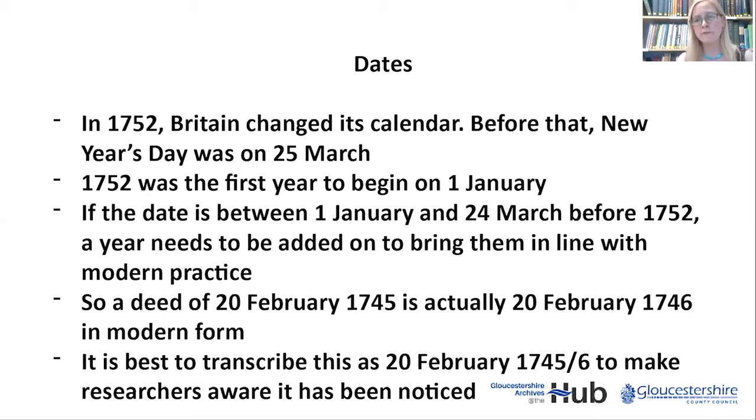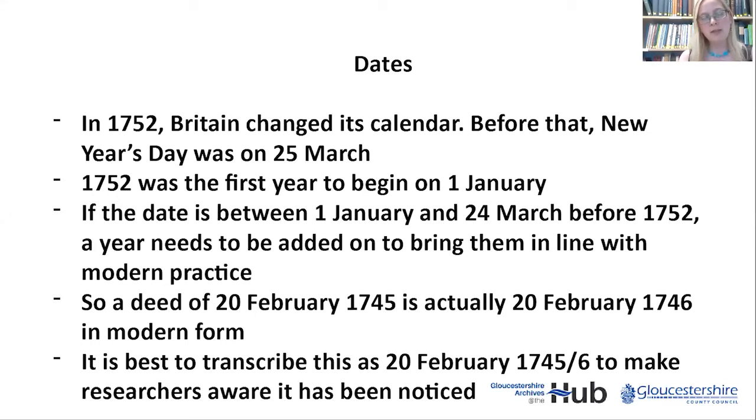With the older records, they would say, you know, the 7th day after Easter in the reign of whoever. Then you would have to look at what those reigning years were, work out when Easter was, and then work out the year from that, and the day of the year as well.